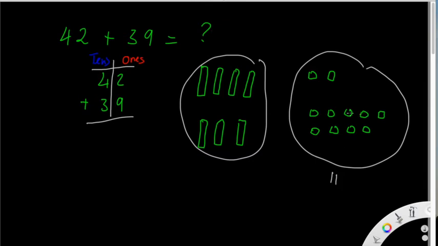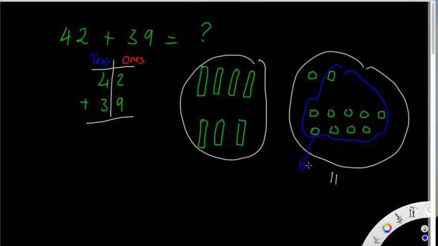So last time we learned using the blocks that when we have 10 ones, we exchange with a strip or a 10. We're gonna do the same here. Mr. Bui will use this color. So I know 1, 2, 3, 4, 5, 6, 7, 8, 9, 10 right here.